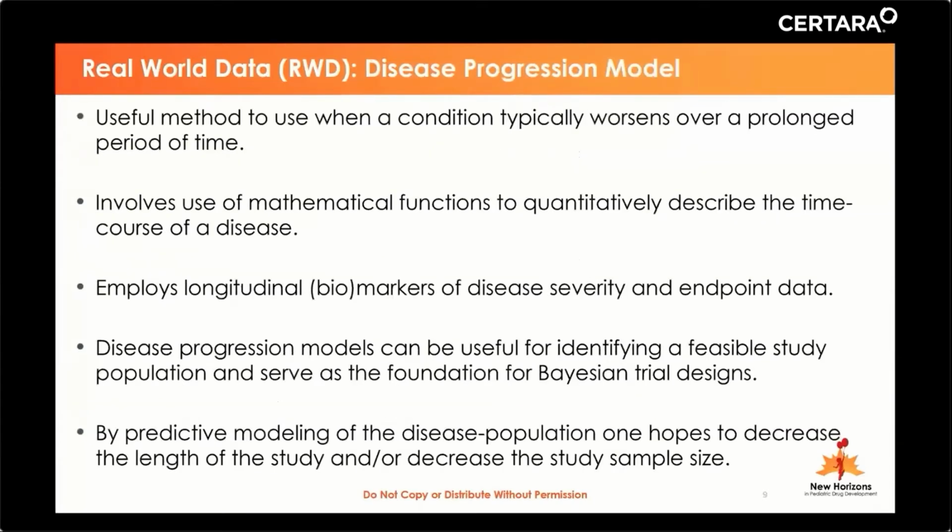Now, this was mentioned in Alex's talk. I'm going to go over a search strategy approach for this and not go into the statistical methodologies, and just think through what you might do. This is an area where your best friend in a pharmaceutical company is typically someone who knows how to do this, because one of the great things about using disease progression models is that for diseases that take a long time to get to an endpoint, one can shorten the trial, or they can use other Bayesian approaches to be able to decrease the sample size.